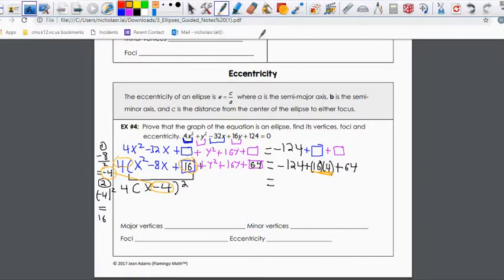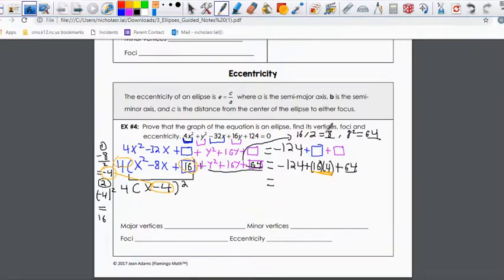Now, the y squared plus 16y, I can show the work here. For this term, when we completed the square, we did 16 divided by 2 equals 8, positive 8, and then 8 squared equals 64. And so that's how we added these 64s.